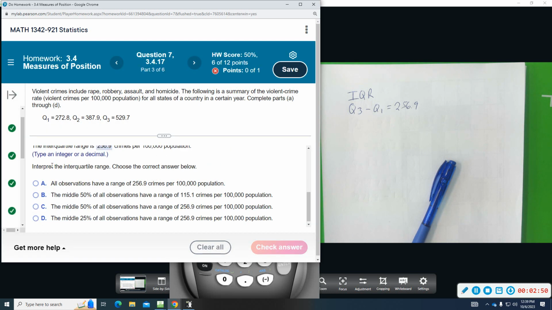All right, so we want to interpret what the interquartile range is. So that, again, is the middle 50% of the data. B says middle 50%, but that's not the correct number. C, middle 50% of all observations. Okay, so C.